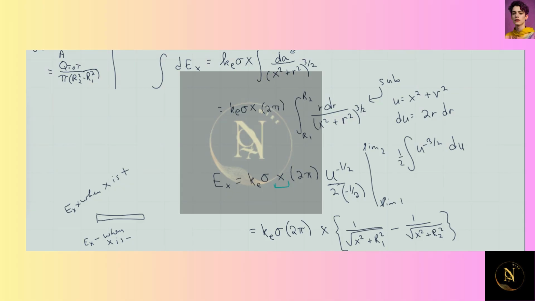And that means the electric field's going to look right. It's going to point axially upward above the plane and axially downwards beneath the plane.